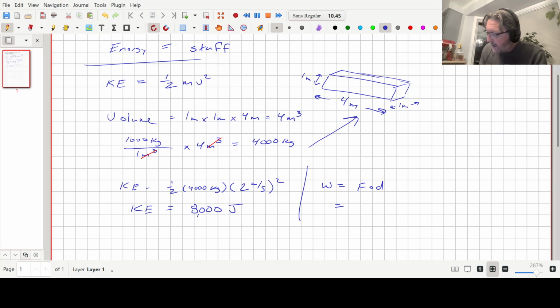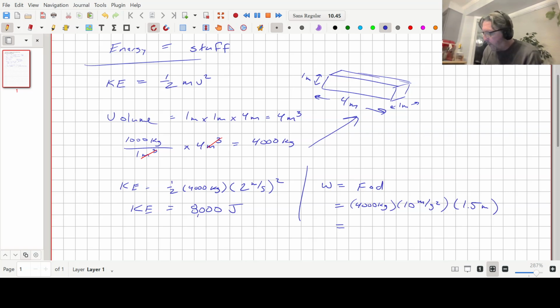So I just figured out the mass. It's 4,000 kilograms. And the strength of gravity is 10 meters per second squared on Earth. That's rounded a little bit, but I think that's a pretty good estimate. And times 1.5 meters.